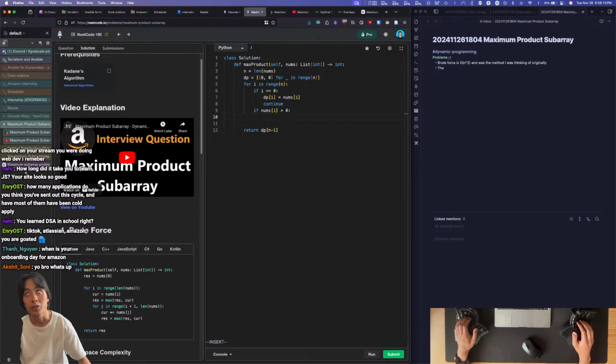If nums of i is greater than 0, it's a number. dp of i is equal to dp of i minus 1.